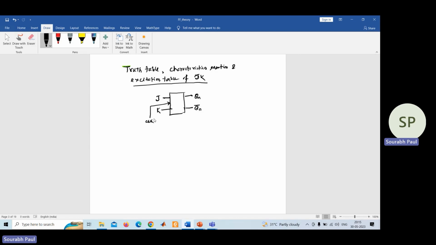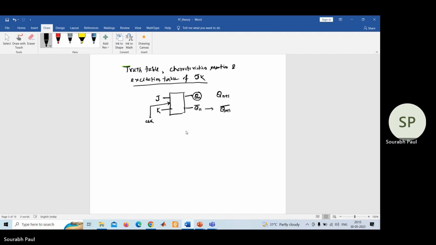That is changed by applying the clock. So if you apply the clock, then only your output will get changed. If your present output is Qn, after applying the clock, the output will be known as Qn plus 1. And the same thing is applicable for the bar output.